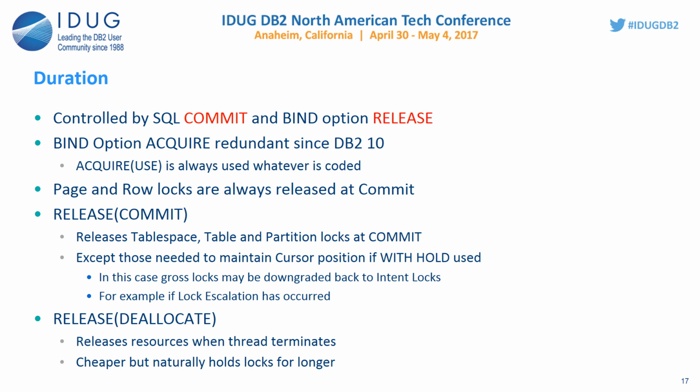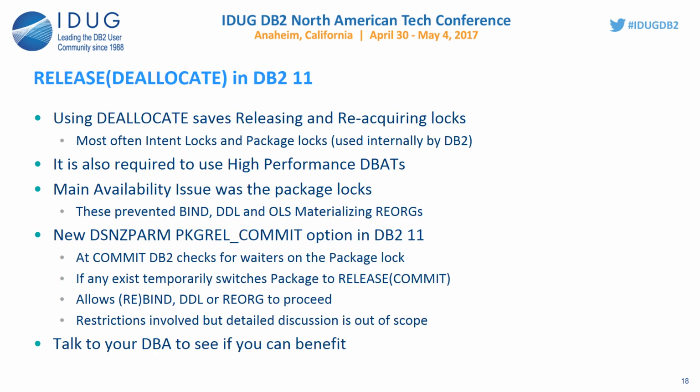So in DB2 11, IBM introduced a change to release deallocate. So most people were using release commit up until then. But release deallocate is much better for performance. So it saves you releasing and reacquiring locks.